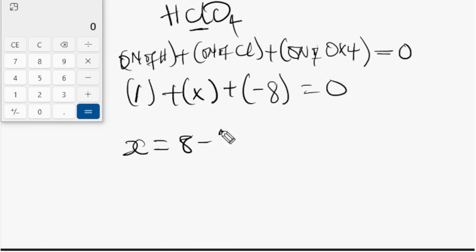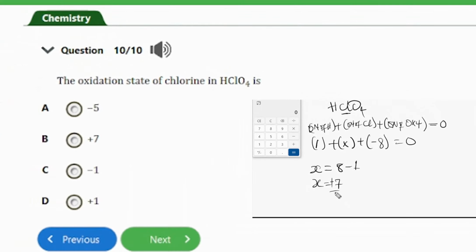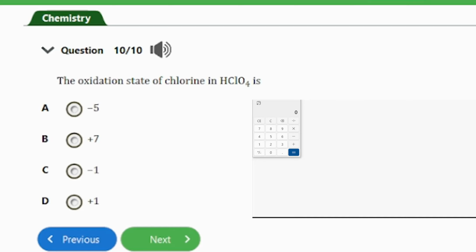So that's 8 minus 1. So X is going to be +7. So this is the oxidation number of chlorine here, and guys, that's option B given to us. That's the answer to this question. Option B is the answer. So let's wipe this off.